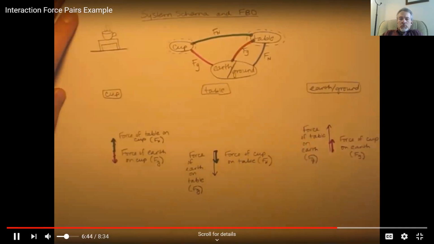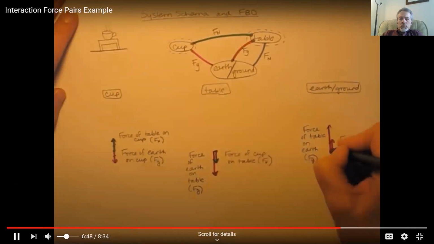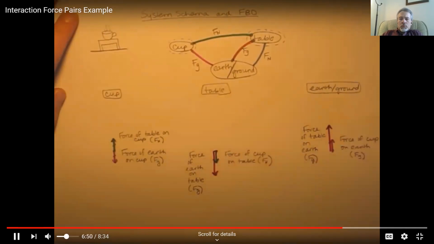So these are the two forces that are part of the gravitational interaction of the table and the Earth. Again, notice they're on two different objects, so they don't cancel. They're the same size, they're in opposite directions, but this one over here in the middle is on the table. This force over here of gravity is on the Earth.